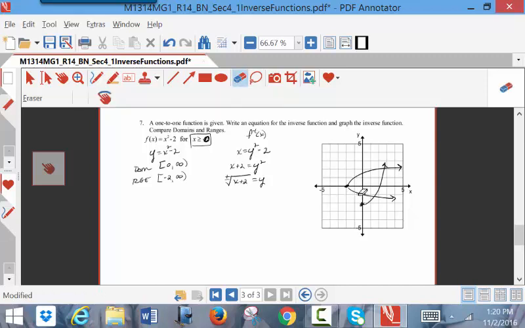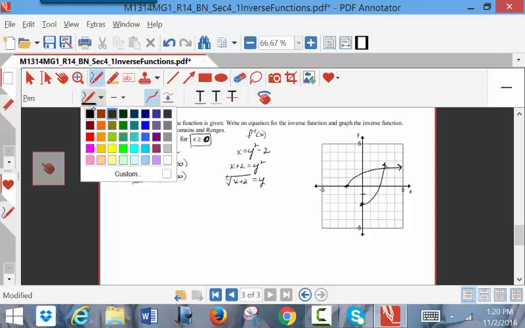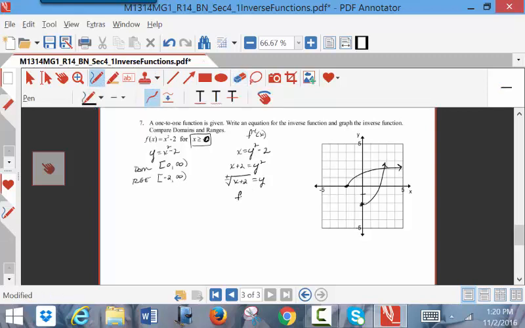So the bottom half goes, and that's the positive radical. So I only have the positive version of the square root. It limits me to the top half of the graph. Okay, this one is my inverse function. That's my inverse.